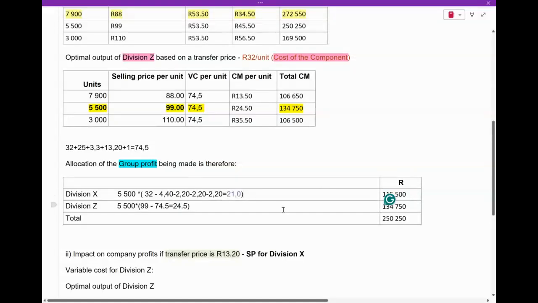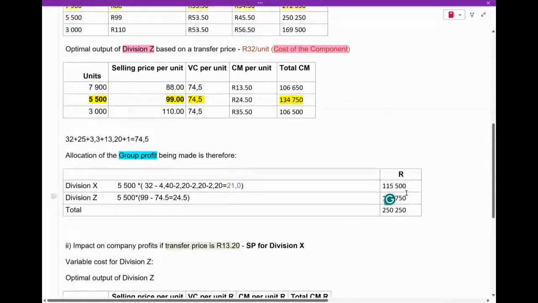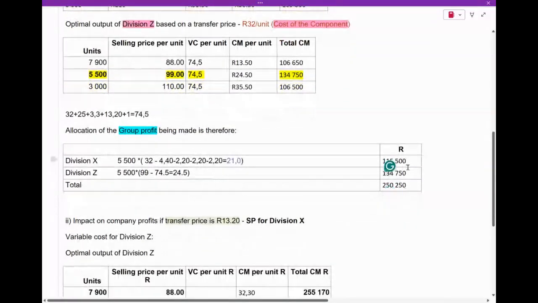Let me just put that in purple, okay? And so that 21 Rand per unit times the 5,500 is giving you your 115,500. All right. Then we do the exact same thing for Division Z, but we already did the calculation. It's what we did over there. 5,000 units at a price of 99 Rand.